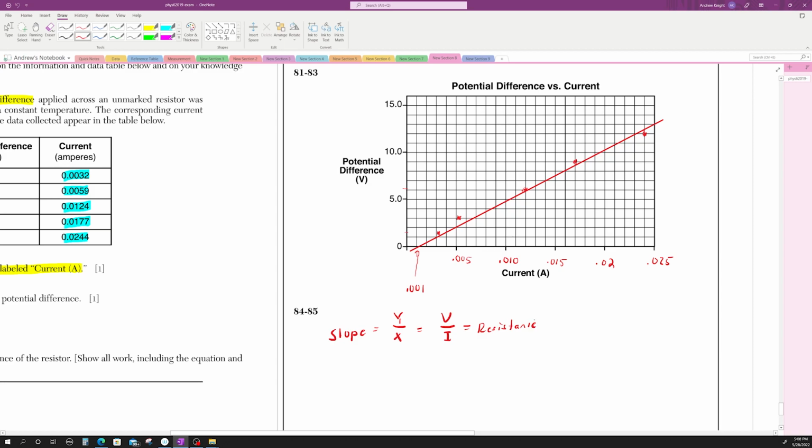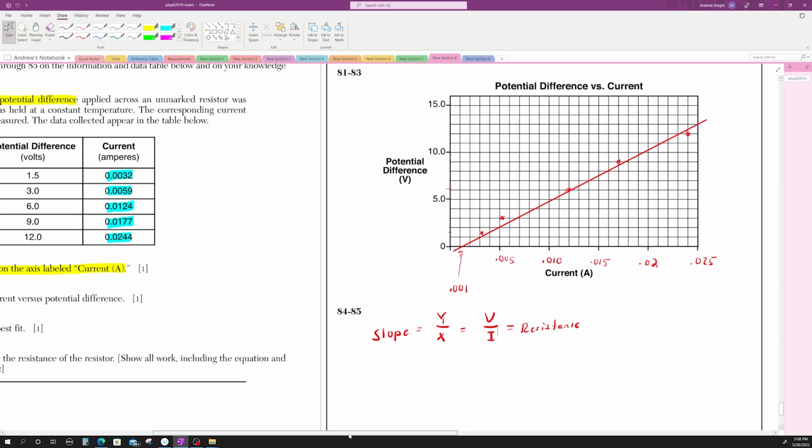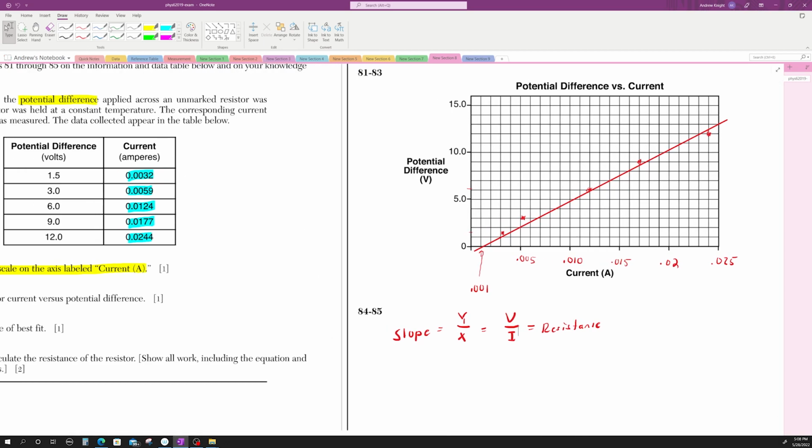To calculate the resistance, you just have to calculate the slope of the line. Pick two points that are on that line. I'm going to pick one point here at the bottom and one point here at the top. This is going to be y2 minus y1 over x2 minus x1. So I'm going to have 12 volts. Notice how I'm putting my units in, otherwise you'll lose points.